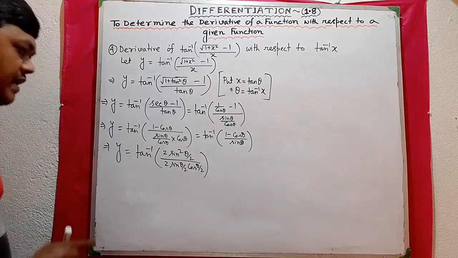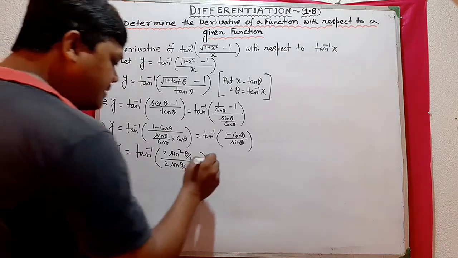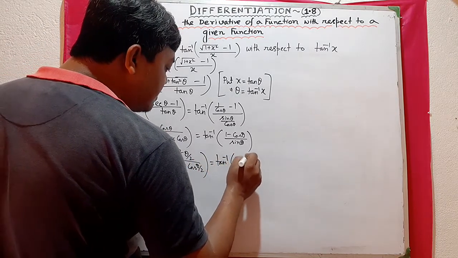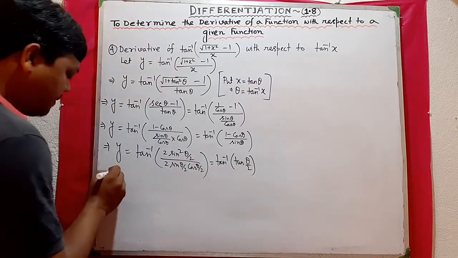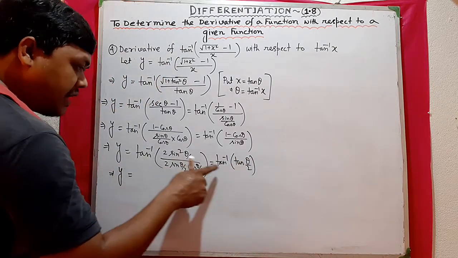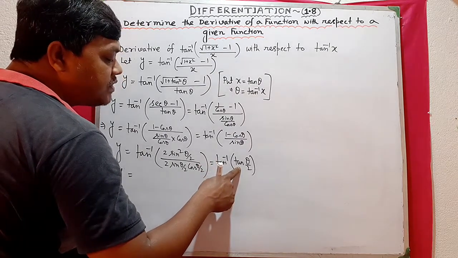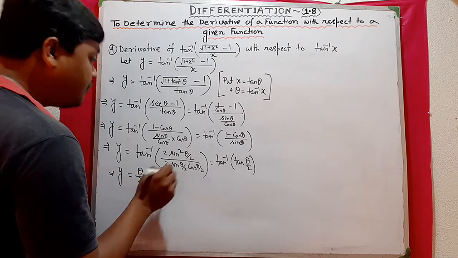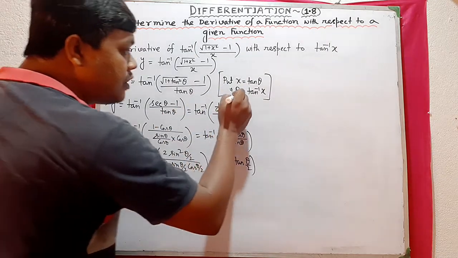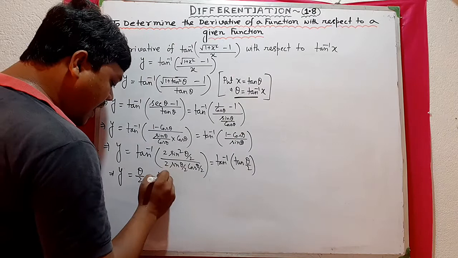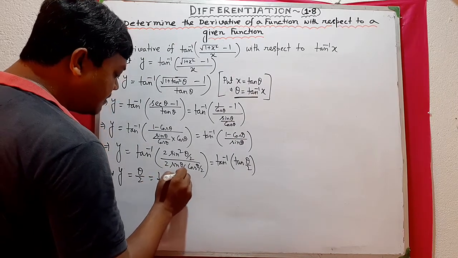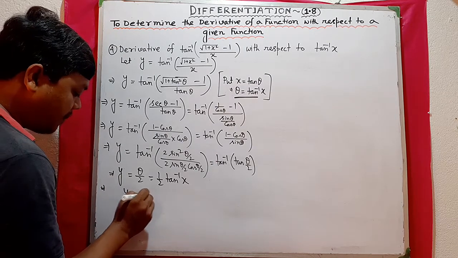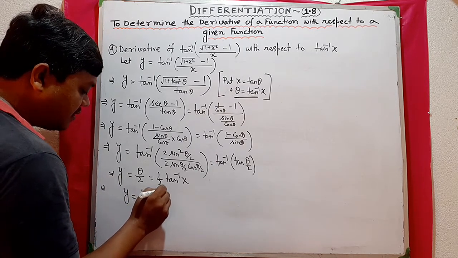So 2 cancelled, one sin theta by 2 cancelled, then tan inverse tan theta by 2. So y equals tan inverse tan, after composing this gives identity, so this gives theta by 2, and put the value of theta equals tan inverse x, so half tan inverse x. So we get y equals half tan inverse x.